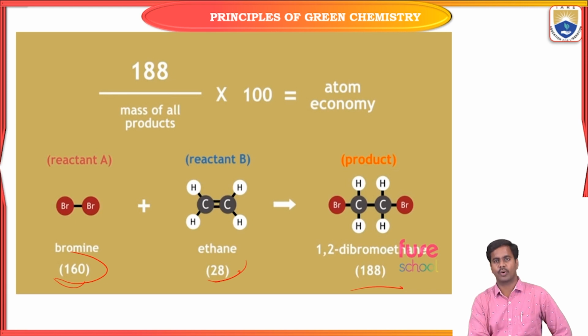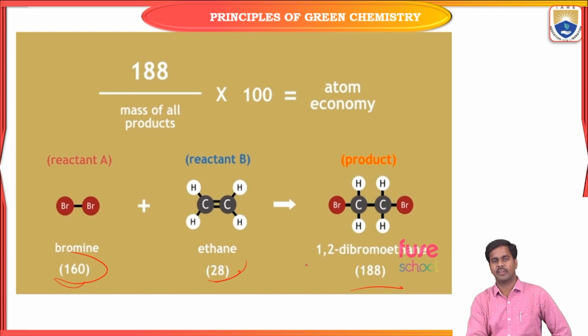What is the mass of the product? 188. So 188 by 160 plus 28, which is the total mass of the reactants in the reaction. That is 188 by 188 into 100, so we get 100% atom economy.